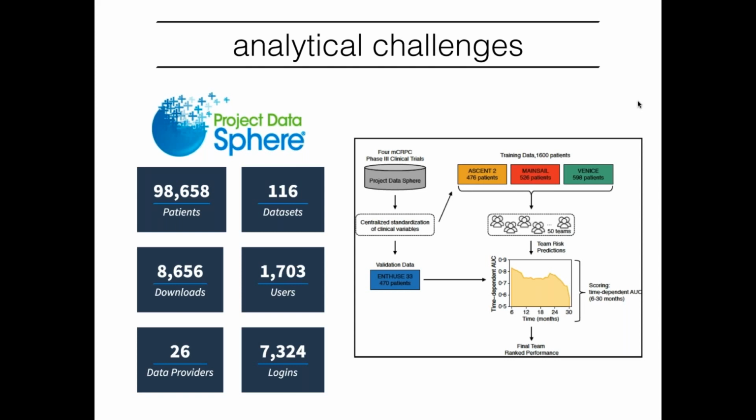And what the challenge community was trying to optimize for was predicting survival of individuals over time, and doing that based strictly on the clinical data that was gathered as part of the trial.